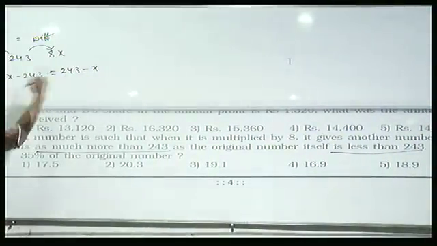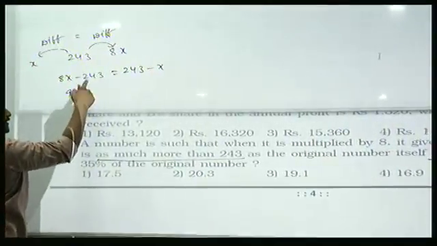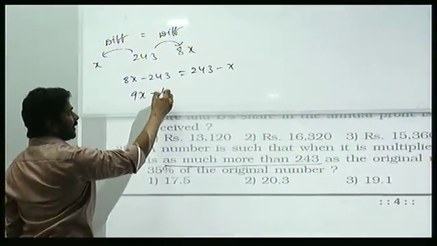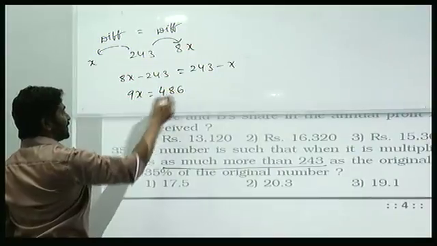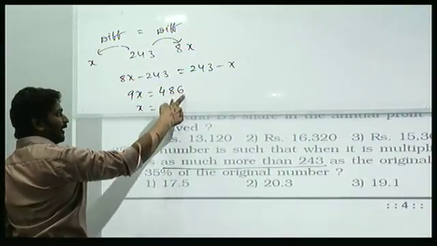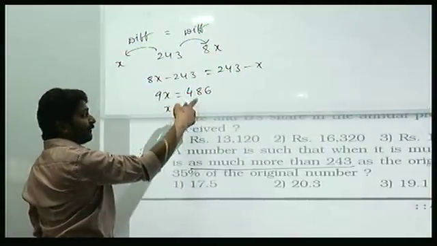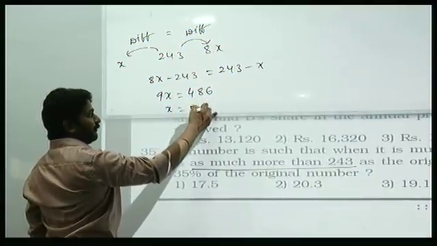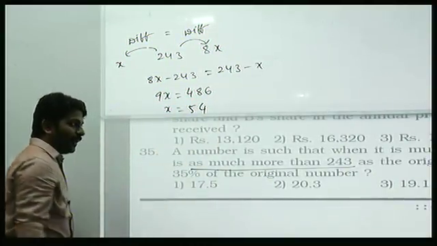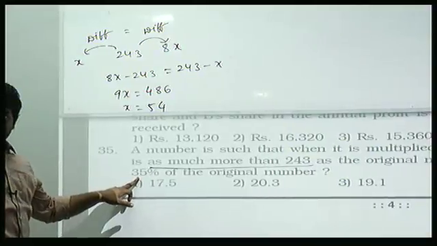Hence, take x to this side, this becomes 9x. 243 goes to the right hand side and becomes 486. From this, x is equal to 486 divided by 9. 9 five times is 45, and 4 times. x is equal to 54. But you are asked to calculate 35%.